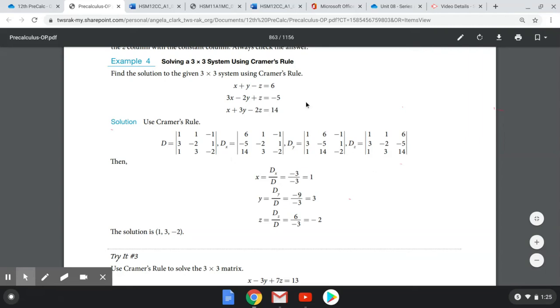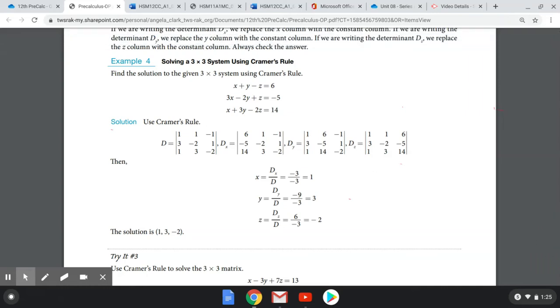So setting these up is probably one of the most complicated parts, because you're like, okay, what columns do I need? Where do they go? And trying to set those up. Then you're going to find the determinants of all four of these so that you can find your X, Y, and Z.